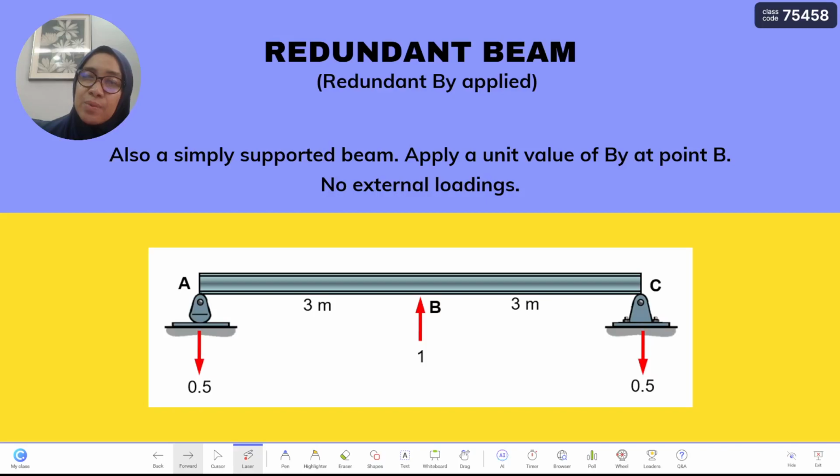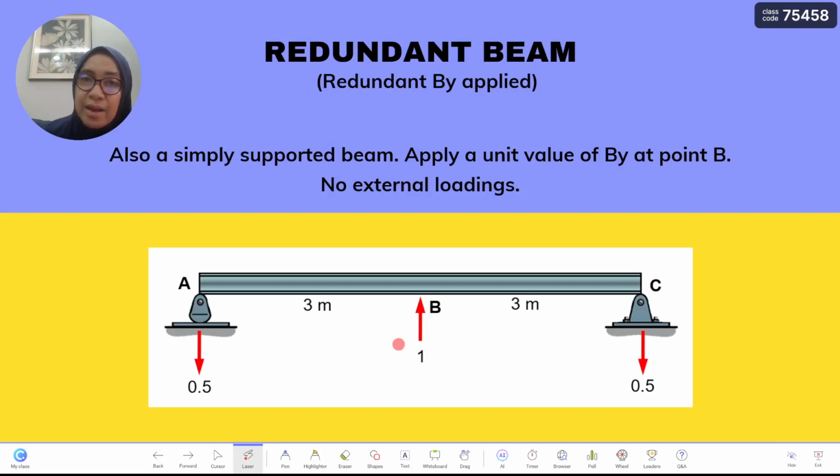We will apply a unit value of By. There is no external loading; we have analyzed it in the primary beam. So in the redundant beam, we only have the same system, but it is only subjected to a unit value of the redundant.